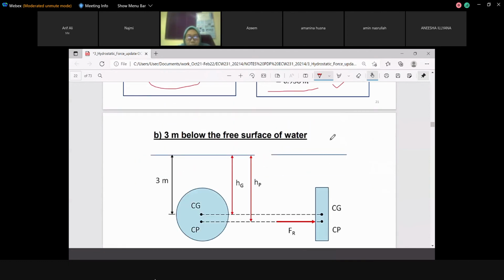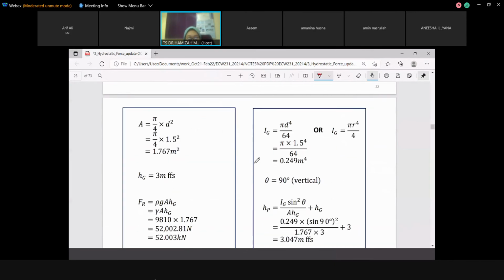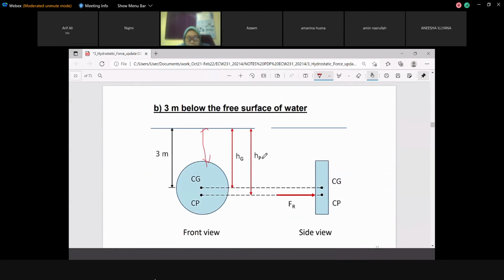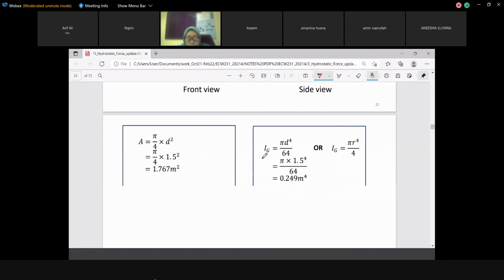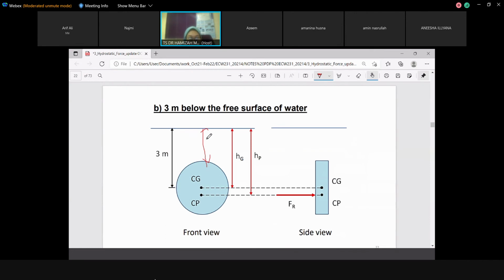Okay, this one the same thing. You need to add the height from the water surface. Okay, dia boleh bagi nilai 3 ni ataupun dia bagi nilai yang atas ni, awak kena tambah nilai yang kat sini 7.5.